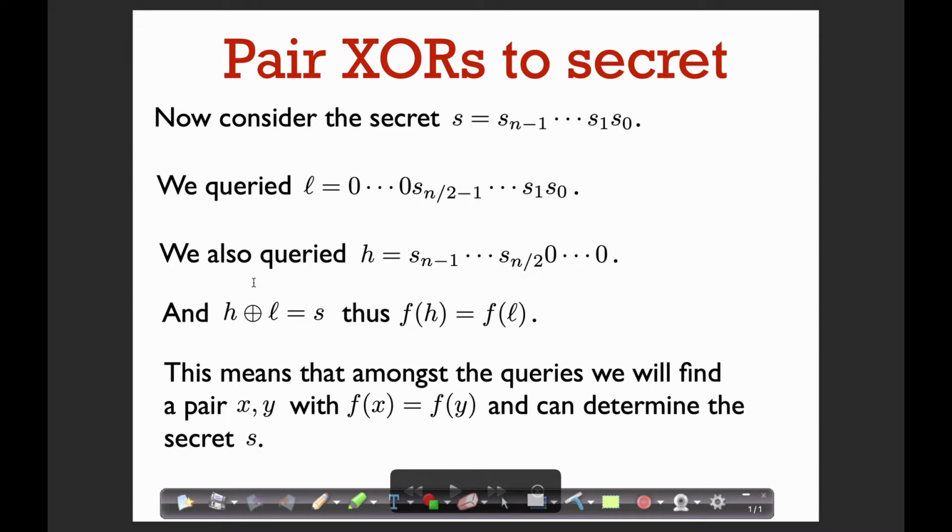So what this shows is that amongst all our queries in the baby steps and the giant steps, there must be 2 strings, h and L, that XOR to s, and therefore f of h is going to be equal to f of L. And then we can determine s. So that's a deterministic algorithm that achieves query complexity order 2 to the n over 2, and we even know a randomized lower bound of omega 2 to the n over 2. So that's the classical query complexity of this problem.